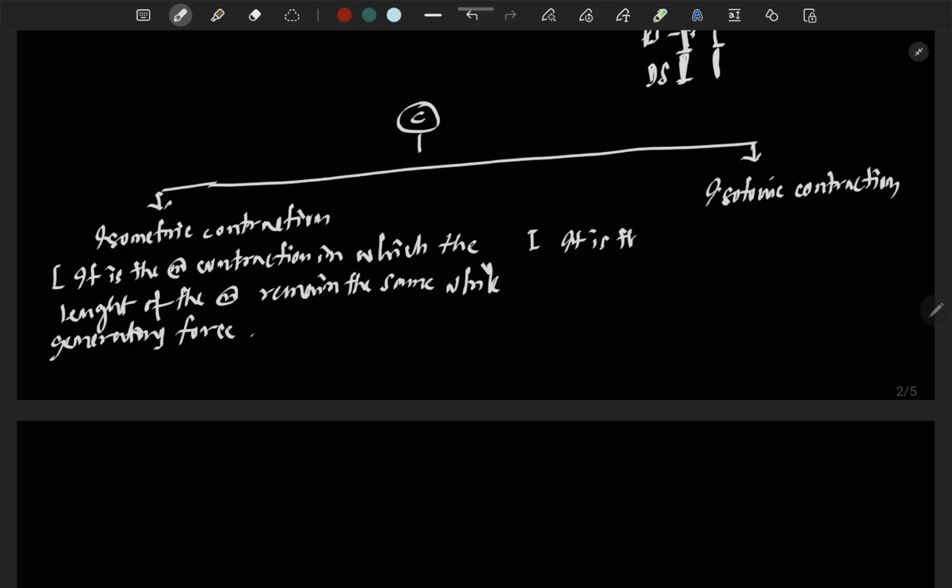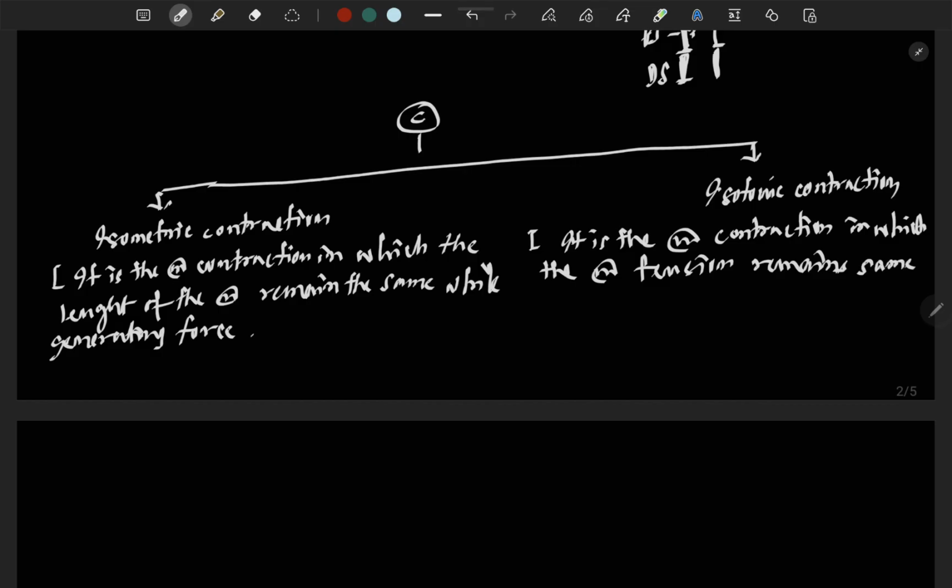What is isotonic contraction? It is the muscle contraction in which the muscle tension remains same while the length of the muscle changes.